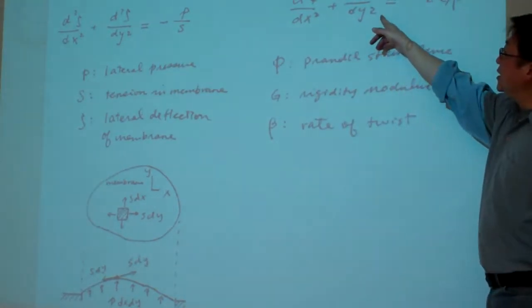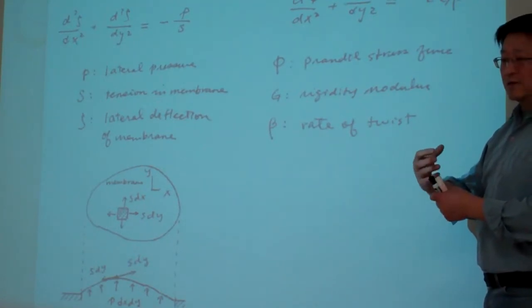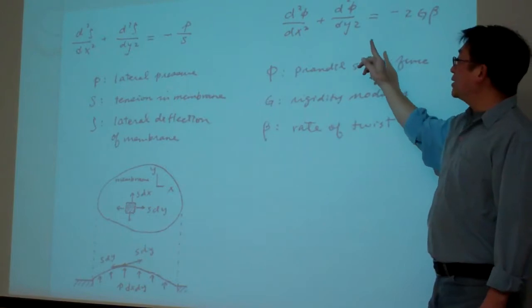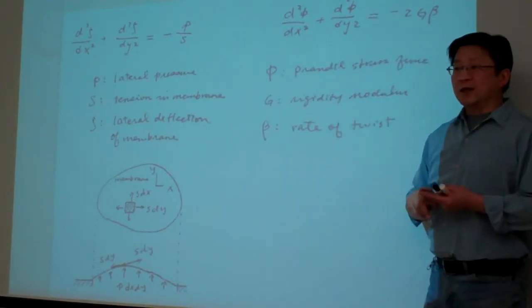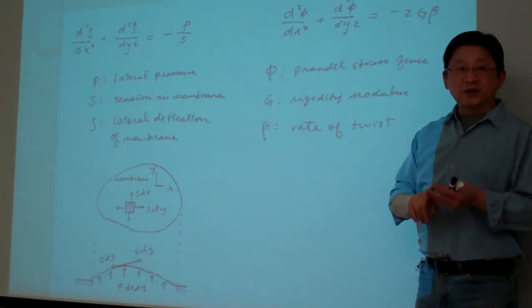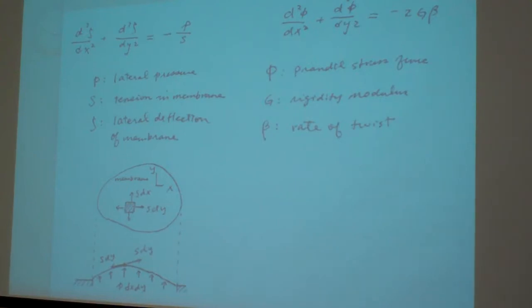And this is the governing equation for describing the torsion of the shaft. The phi is what we call the stress function. Once we solve for phi, then the strain stress, the angle of twist, or the displacement vectors can be derived quickly. And that one, I think you have seen that before.